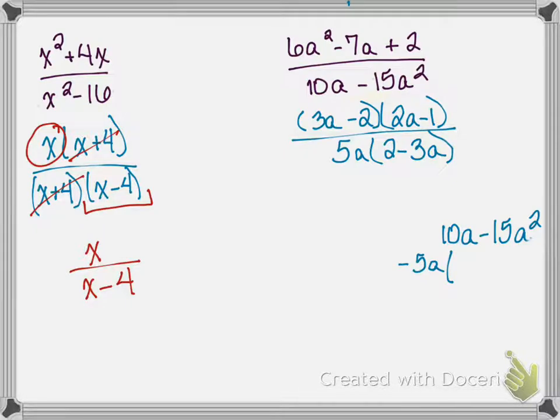-5a times what gives me positive 10a? Not positive 2, -2. Okay, -5a times what gives me -15a squared? Okay. Now, is that the same thing?